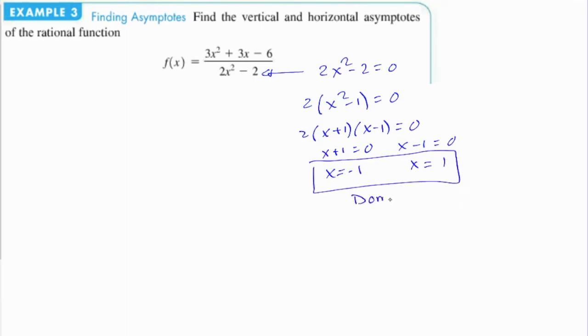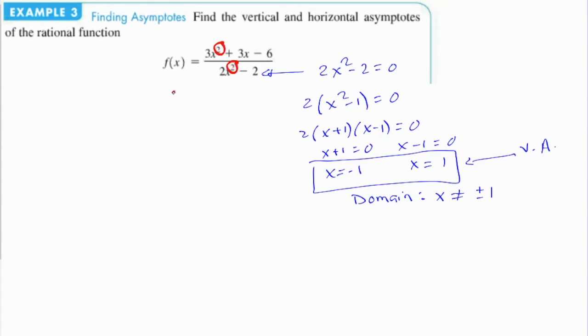Remember, the domain would exclude these, but we would draw dashed lines for the vertical asymptotes. Now, the horizontal asymptote: find the largest exponent in the numerator and the largest exponent in the denominator.